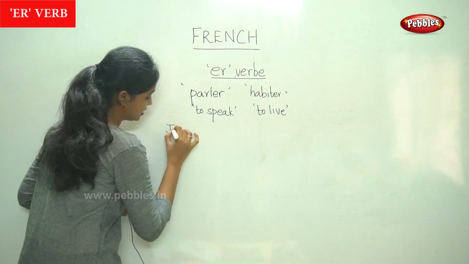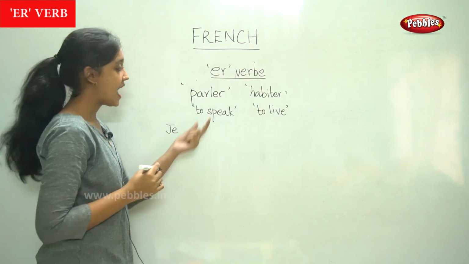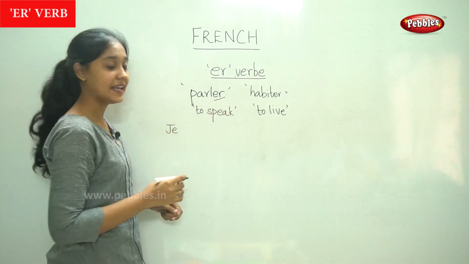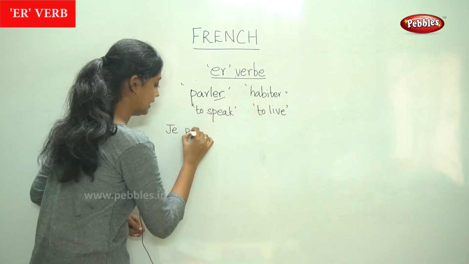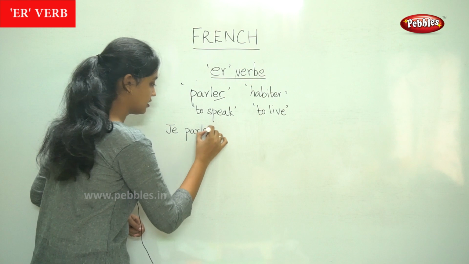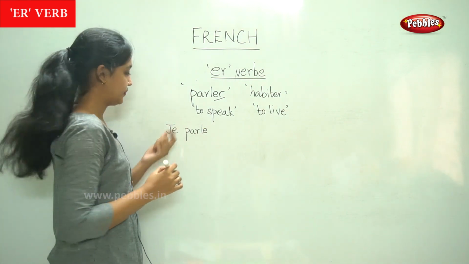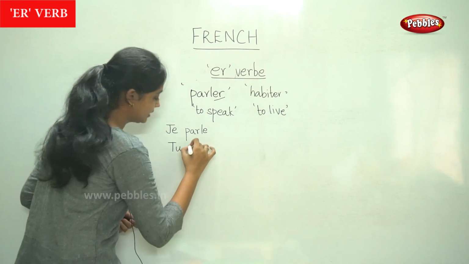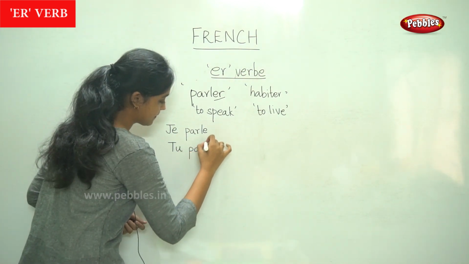The subject is je, and for an ER verb we remove ER and add E. Je parle. For tu we add ES.